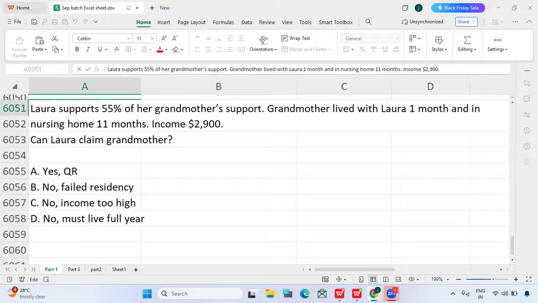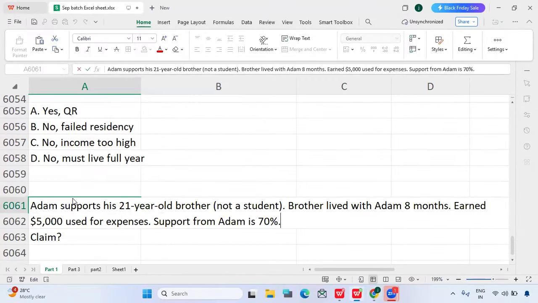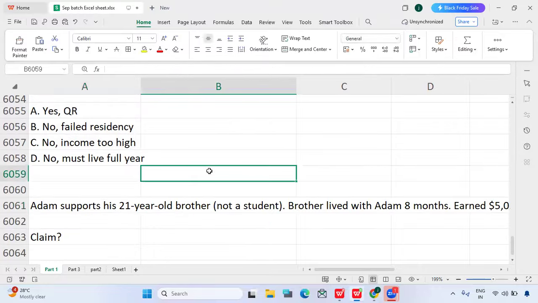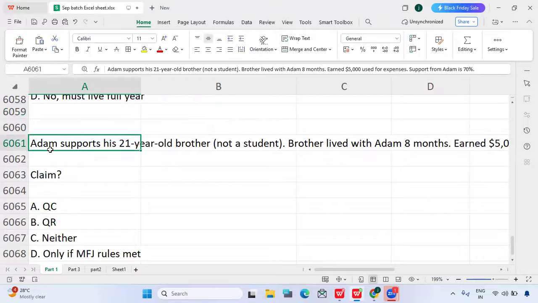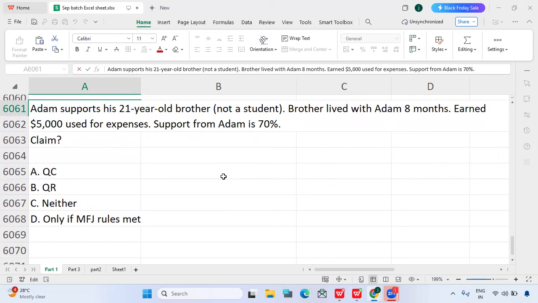Next one, Adam supports a 21-year-old. Can you quickly answer this? Did we discuss this?